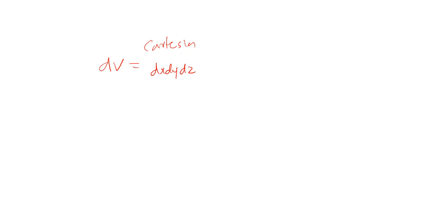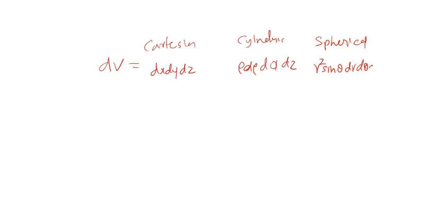In cylindrical it is rho d rho d phi dz, and in spherical it will be r square sin theta dr d theta d phi. So this is the expression for dv in different coordinate systems.